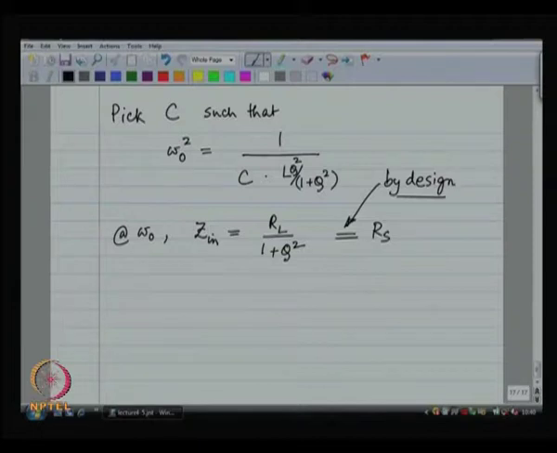So, by design R s should be equal to R L by 1 plus Q squared for maximum power transfer. Therefore, Q is going to be equal to square root of R L by R s minus 1. Yeah, that is correct. So, you compute the Q.